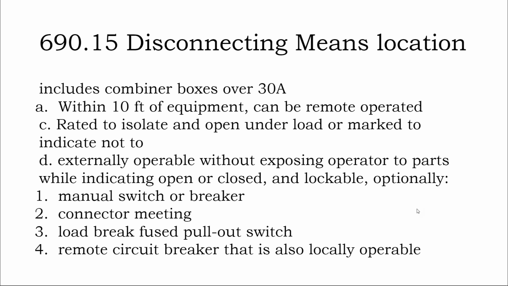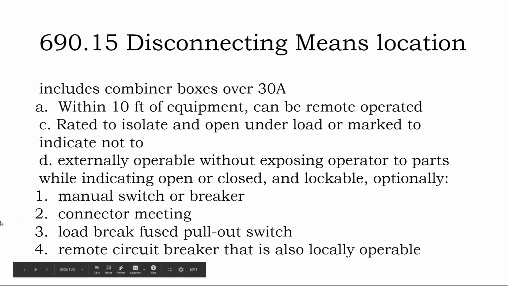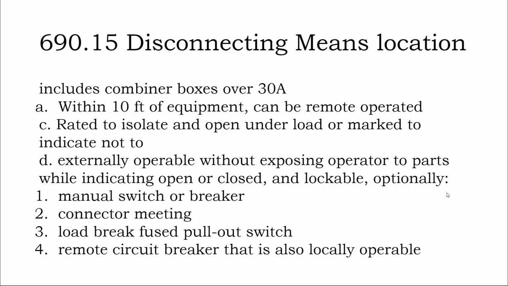Being able to disconnect fully from the grid by disconnecting the neutral as well can be useful. But it says it can be a load break fused pull-out switch, like an air conditioner disconnect can be compliant as the solar disconnect. Most local jurisdictions step in and say, no, we want you to use a knife switch.